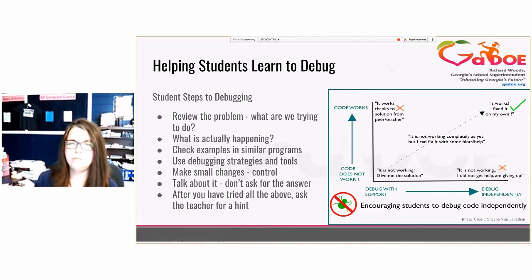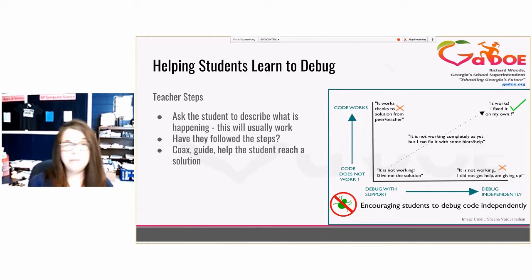Have you done all these things here? If they haven't, make them do it. If they are completely lost, or they have genuinely tried and they still don't have the answer, then depending on the student and their level, help them, coax them, guide them, but our goal is to make them feel like they found a solution, either on their own or with your help.